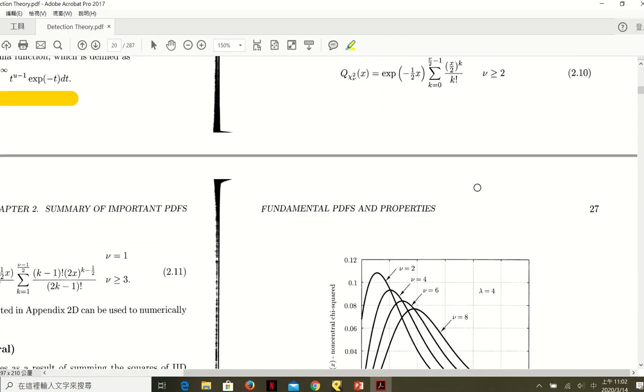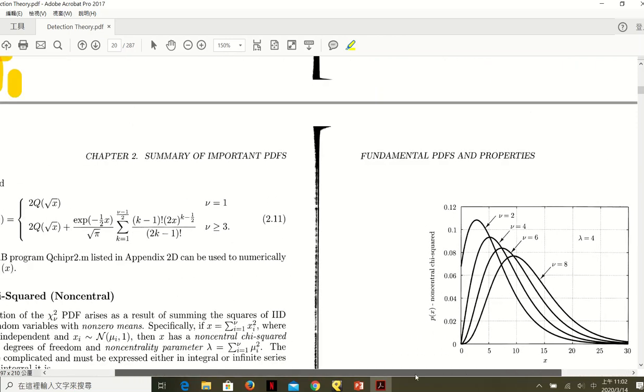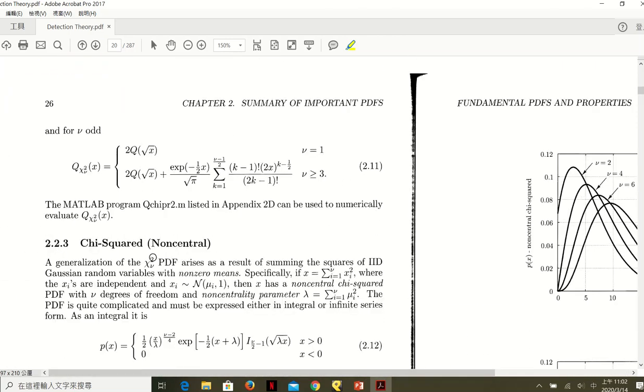But here at page 26, when we're talking about non-central, we have this x as non-zero mean.